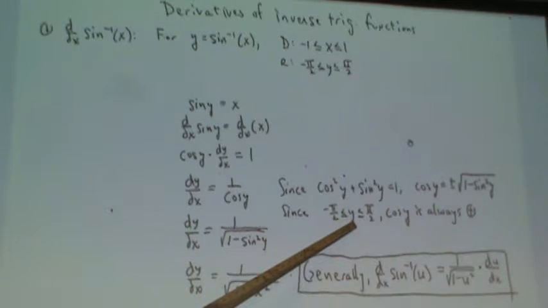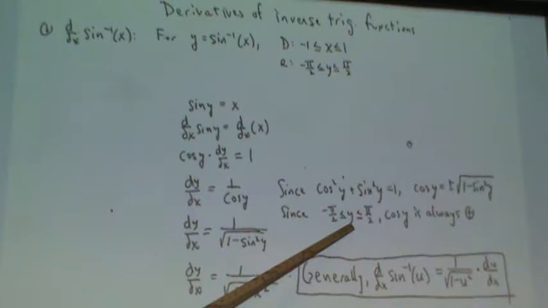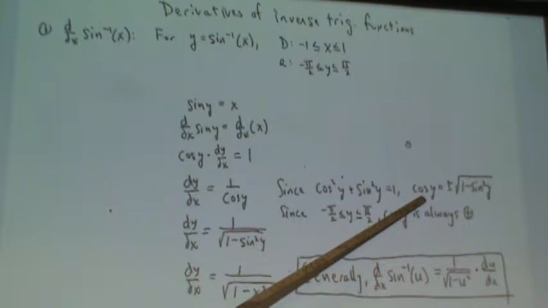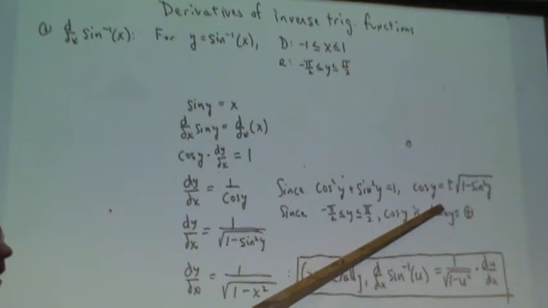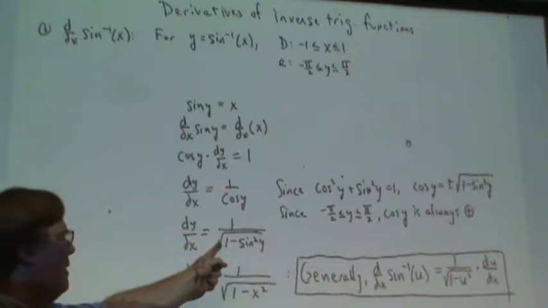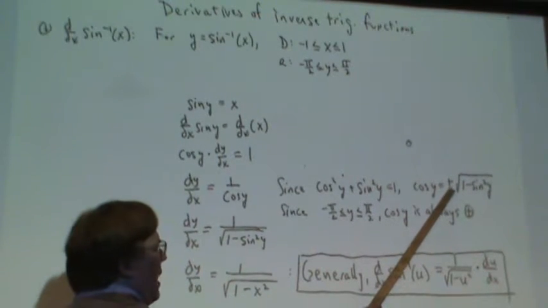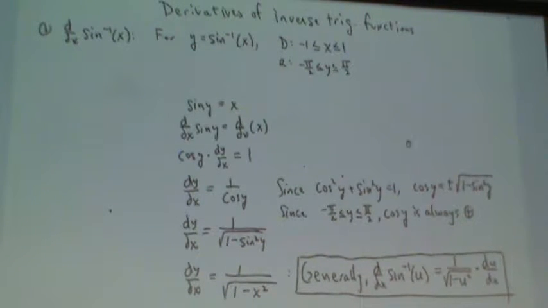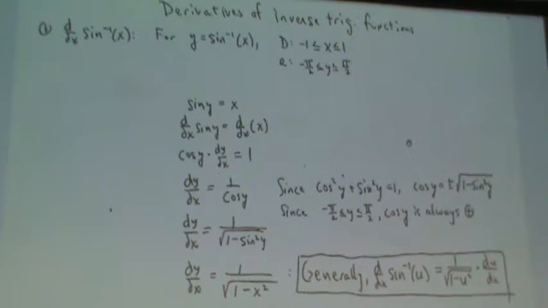And since y lies between -pi/2 and pi/2, those are values in the first and fourth quadrant. Those are values for which the cosine of y is always positive. So I don't need a plus or minus in my answer here, because cosine y will never be negative, because y ranges from -pi/2 to pi/2, and cosine's always positive on those values. So I get to just put positive.